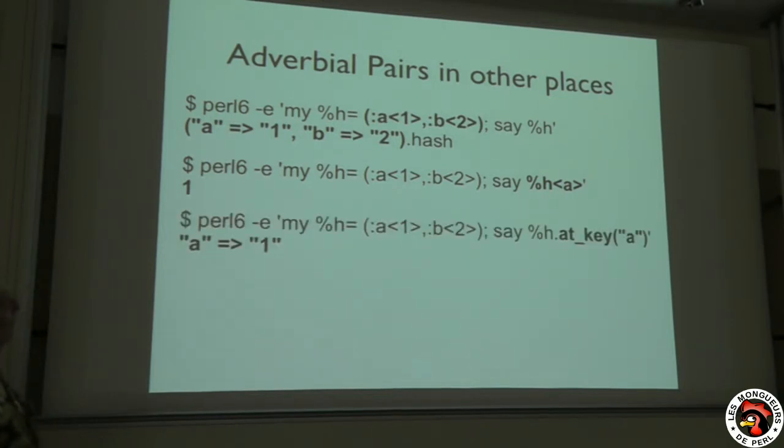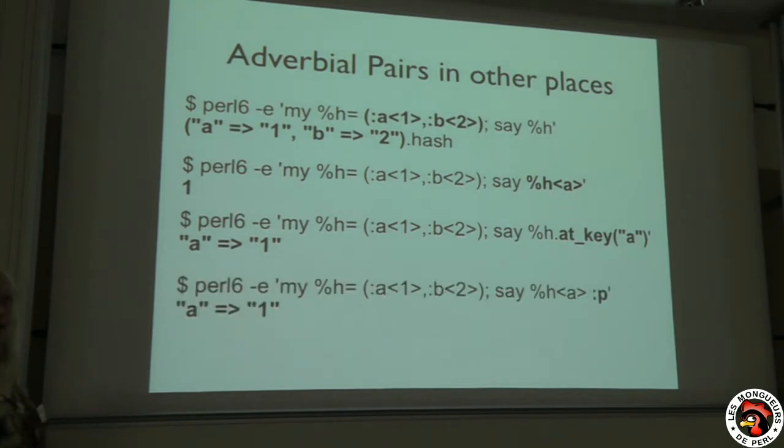We can also specify this, which is basically calling this method on the hash with that positional parameter. So this is syntactic sugar for this internally. And the result is the same. Sorry? The result. You have 1 in the line before, and there you have a pair returned. Which is incorrect indeed. Yes.